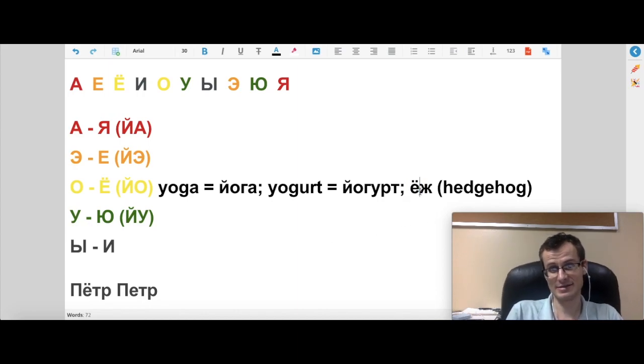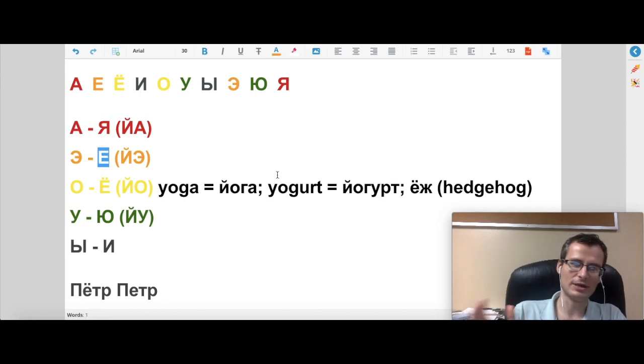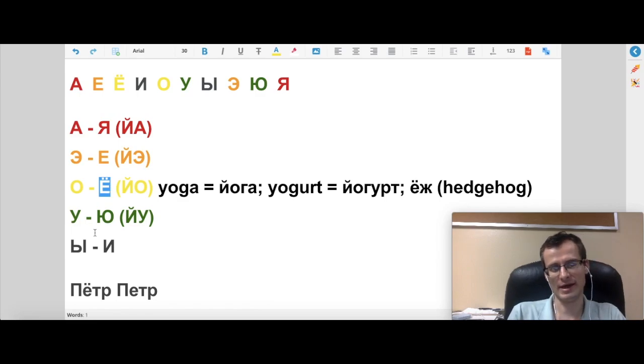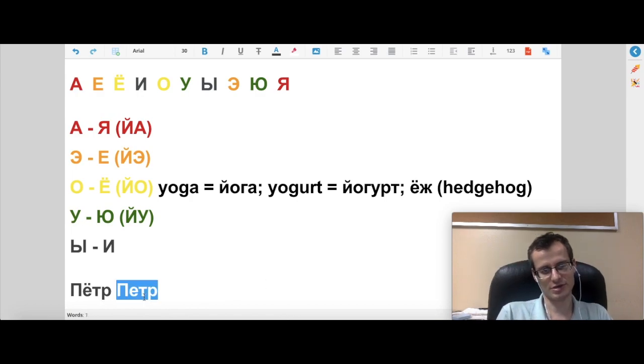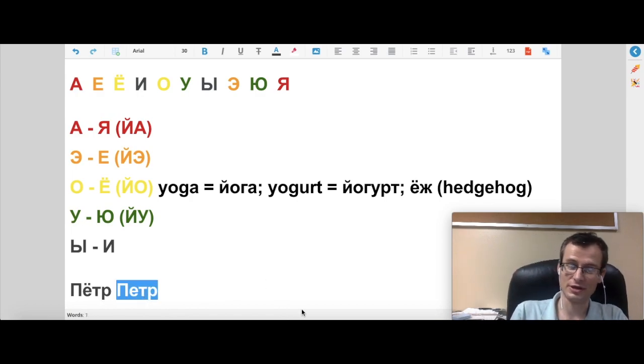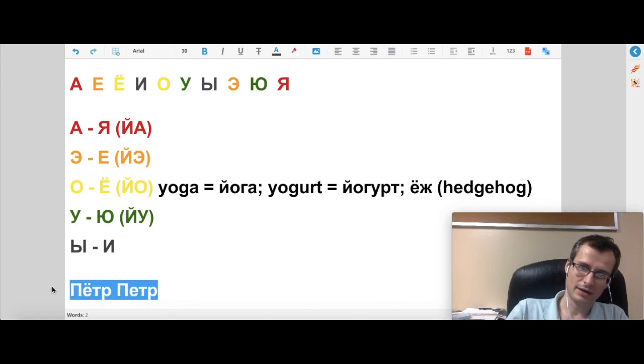So yes, it looks exactly like yeah, and there's no way you can tell as Russian learners unless you actually know that it's a word with a yo, like my name. If you see my name in Russian, you know it's pronounced Pyotr, not Petr. Okay.